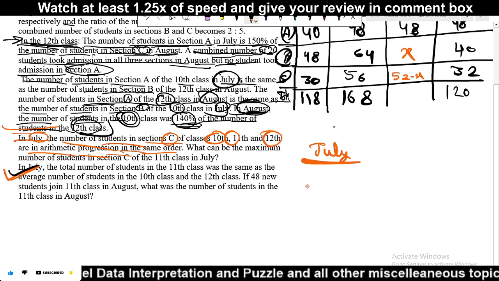Here the difference was 5 each, 5, 5, 5. Here it is 1, 2, 3. See the difference. This can be here, but can't be here. In an arithmetic progression there must be an equal difference between all the numbers.